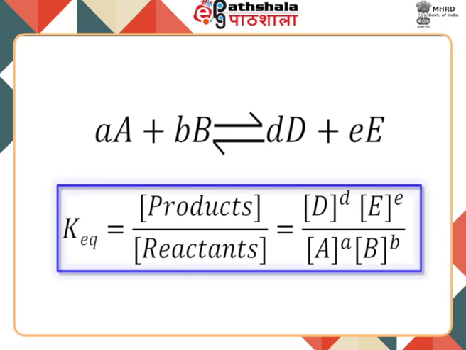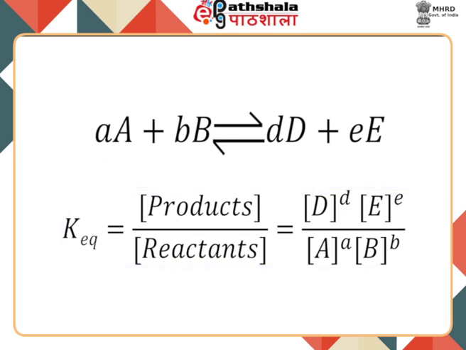So, K equilibrium is equal to the product of concentrations of D and E, each raised to the power of its stoichiometric coefficient, divided by the concentrations of A and B, both raised to their stoichiometric coefficients.